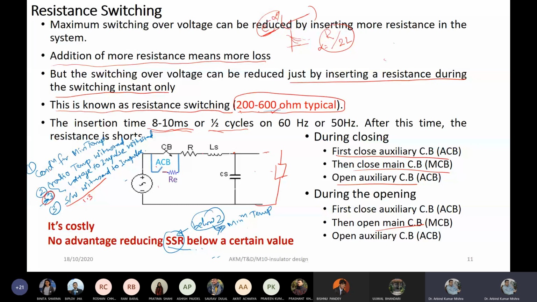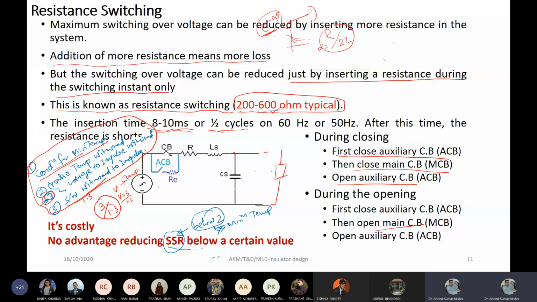This is the switching over voltage, right? And one thing is, this ratio of 3 I have given you with respect to RMS value, but the switching is with respect to peak. So this RMS is to be converted by root 2 times, right?